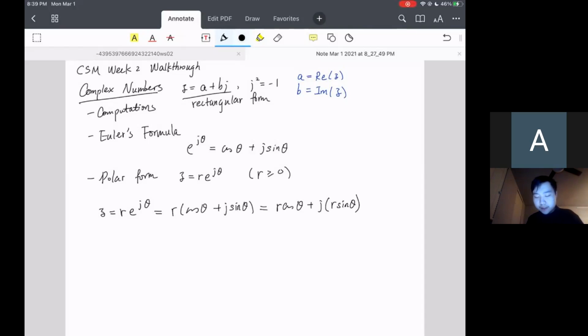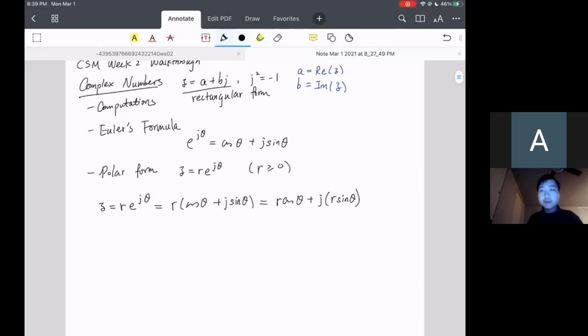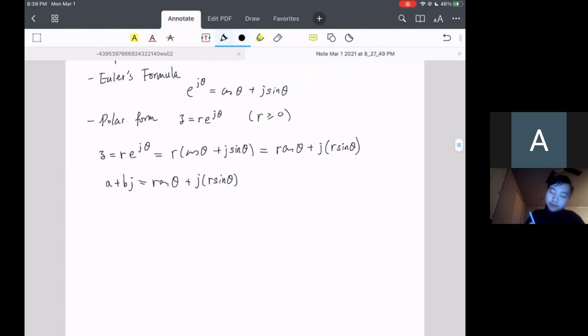To convert otherwise, we're essentially trying to find r and theta such that a plus bj is equal to r cosine of theta plus j times r sine of theta. Okay?